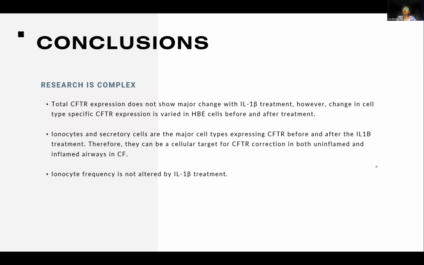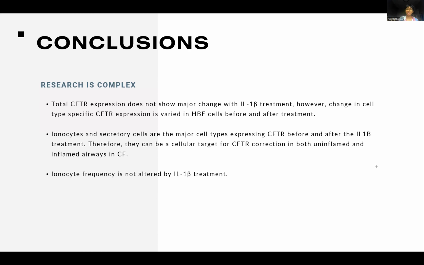Maybe collecting data at 24 hours, or collecting data from more donors, would help us show whether there is any significant increase or decrease in CFTR expression. We also identified, matching the previous data, that ionocytes and secretory cells are the major cell types expressing CFTR both before and after the IL-1 beta treatment. They could be used as important cellular targets for CFTR correction for potential drugs or therapies.